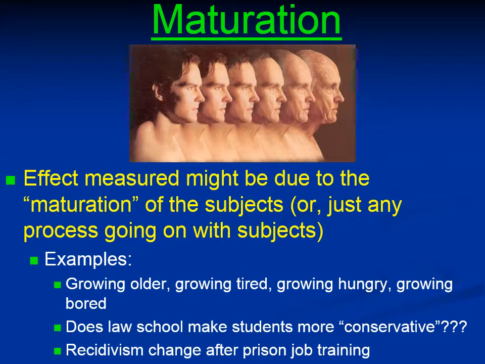So the studies find that fewer students profess an interest in public interest work at the end of their third year as compared to the beginning of their first year, or even in their law school applications. So does law school itself make students more conservative, make students less desirous, sort of internally, of doing public interest work? Or might the studies just reflect the maturational effect of being 3 years older?